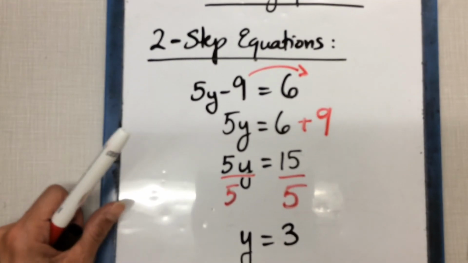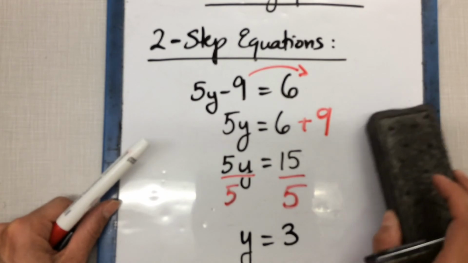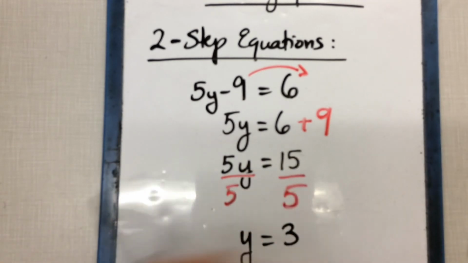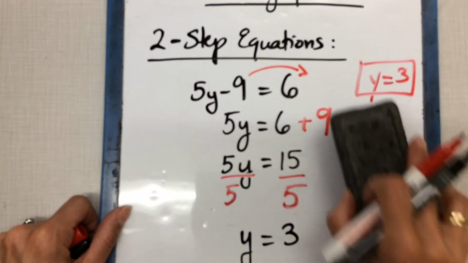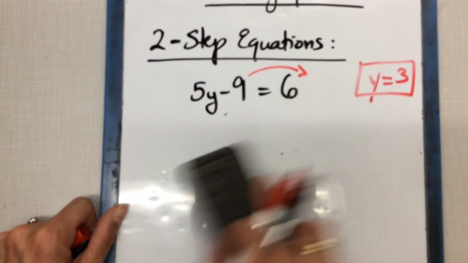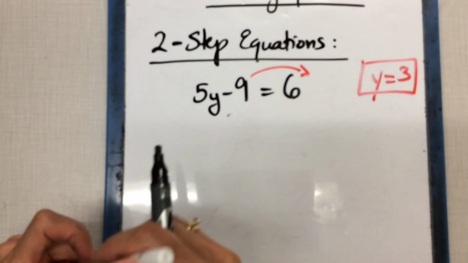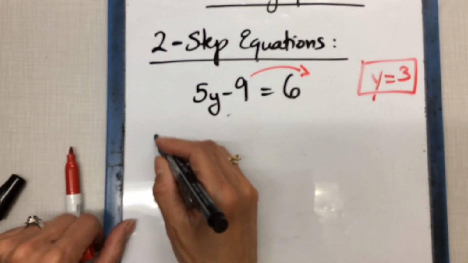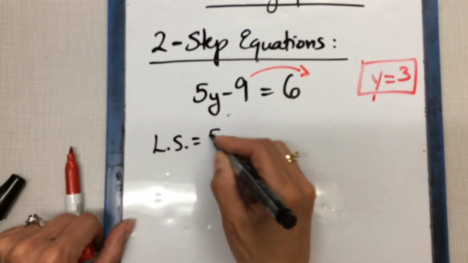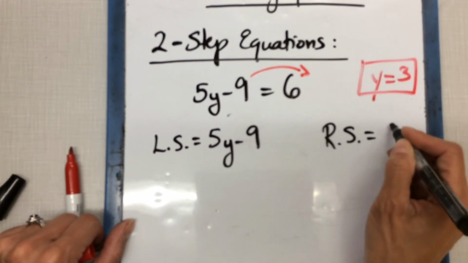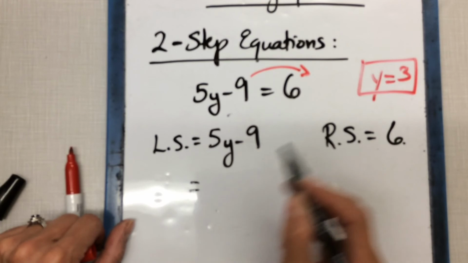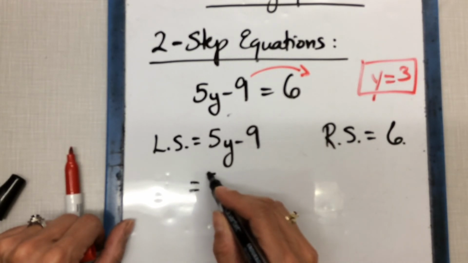Now what I want to do is to check again, and let's see if it's correct. We found that y is equal to 3. And I will do a left side, right side. Again, write the original equation, very important to keep it to the original because that's what we're checking.